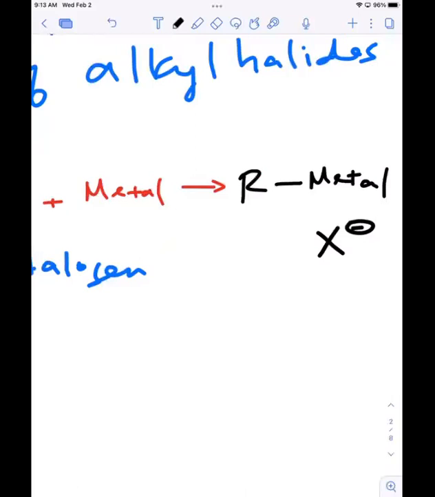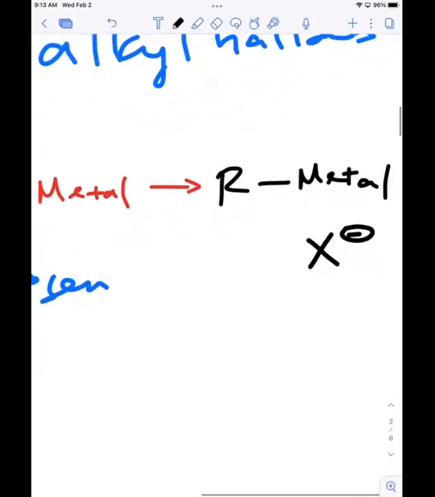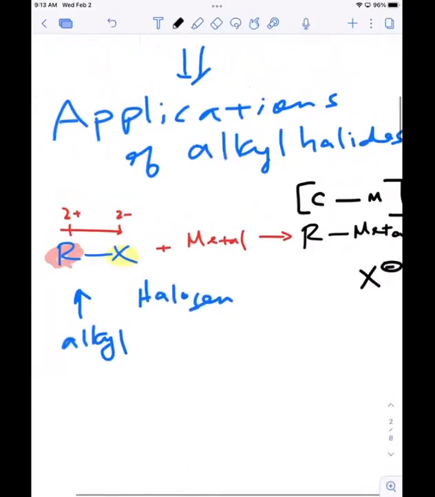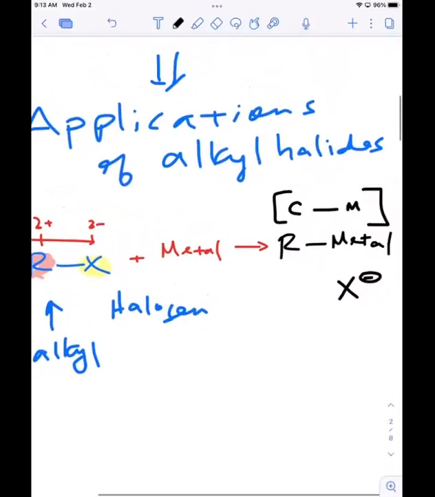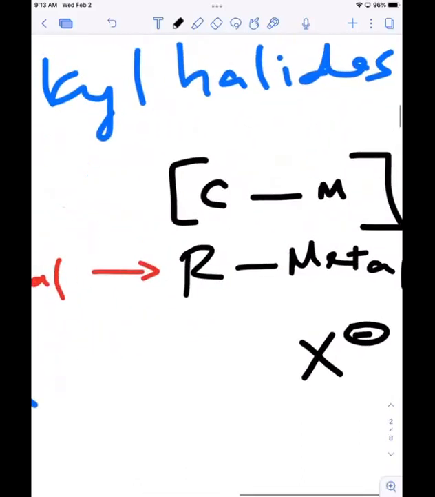So the metal carbon bond, I'm just going to write this here, C-M, is now, instead of the bond being polarized towards that halogen like it was over in the starting material, actually polarized this way. So the carbon is partially negative and the metal is partially positive.